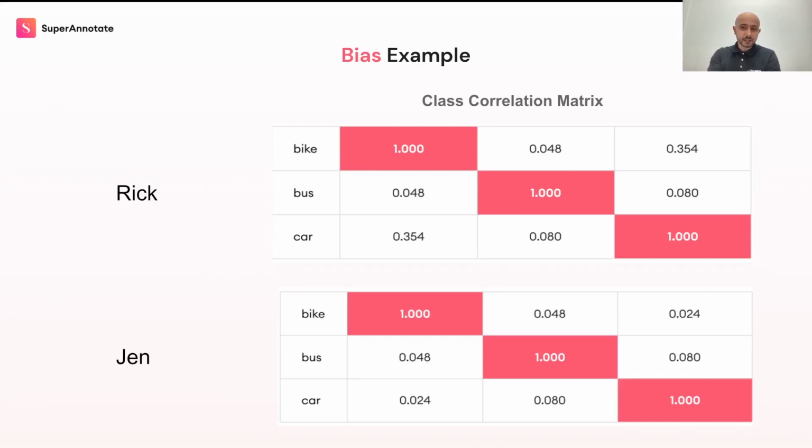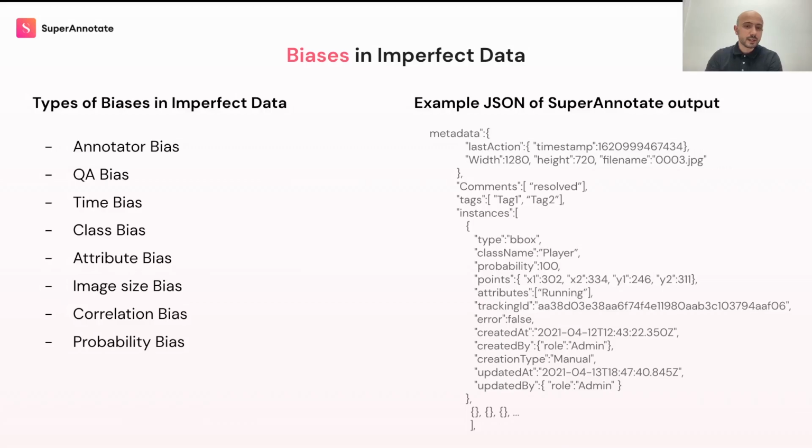But other than class correlation bias, there can be all sorts of other biases, a few of which I wrote down on the left side here. Annotator bias was the one we just discussed, but it can simply be QA bias. The quality assurance person might approve and disapprove images in a way that contains a bias.